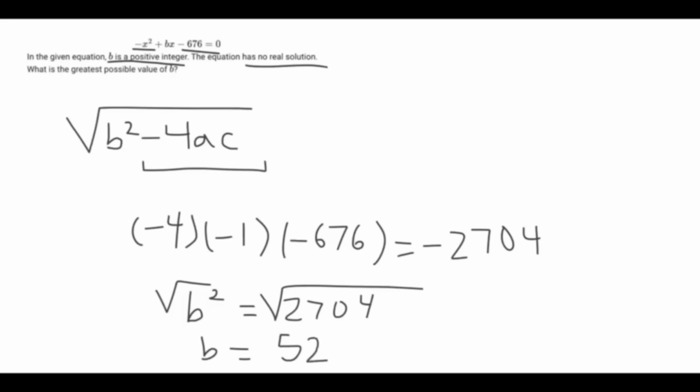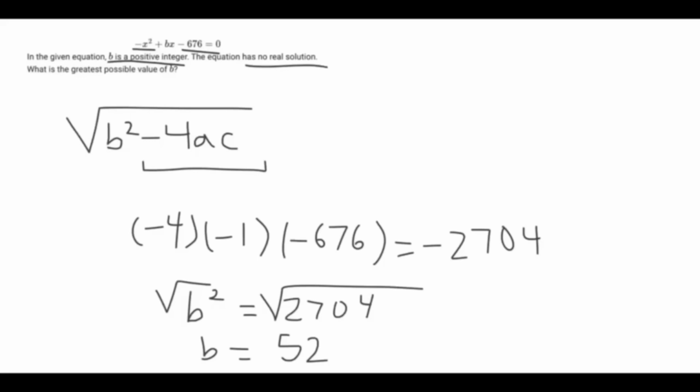Now 52 is not our final answer, because if b is equal to 52, our discriminant would be equal to 0 and we would have one solution. But this equation has no real solution. And we know that b is a positive integer. So b is just the number that is below 52.